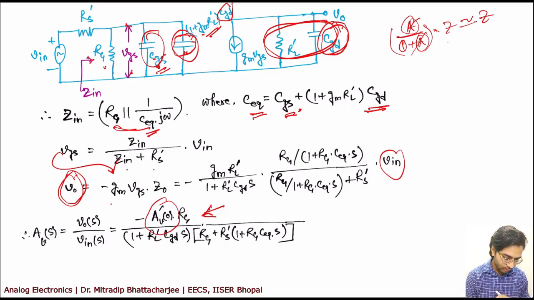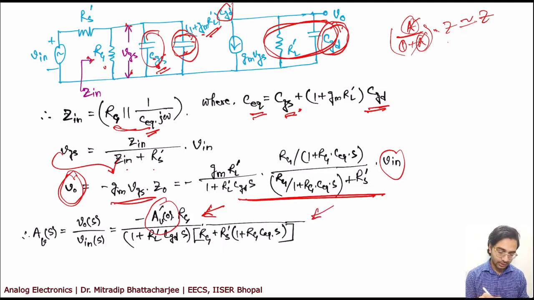So what is this value? This value we are getting after replacing the corresponding terms. You do it, you'll find it comes out something like this. I'm not doing the whole calculation because it will take a lot of time. You can check it out. It's very simple. Replace these Zin values, then C equivalent values.